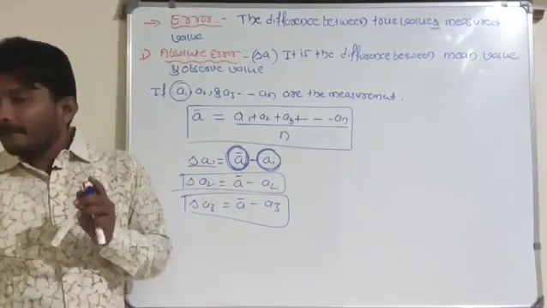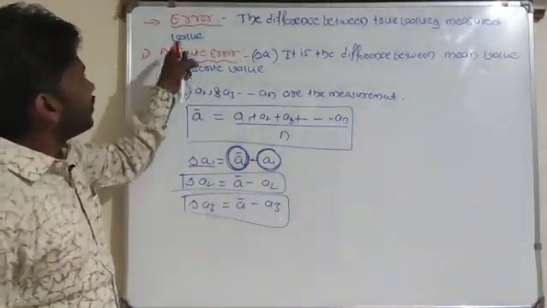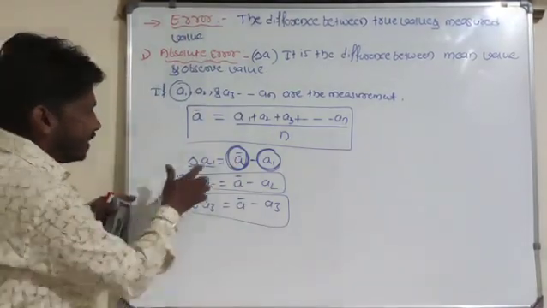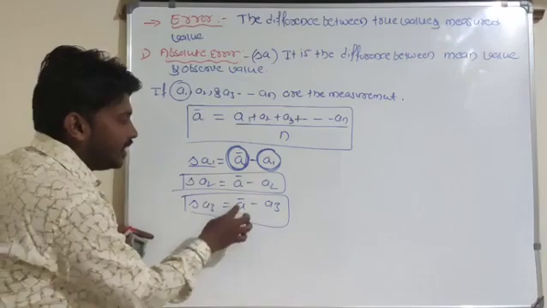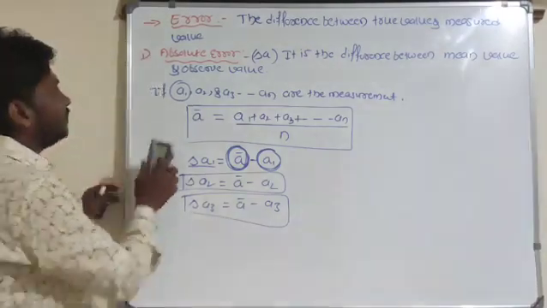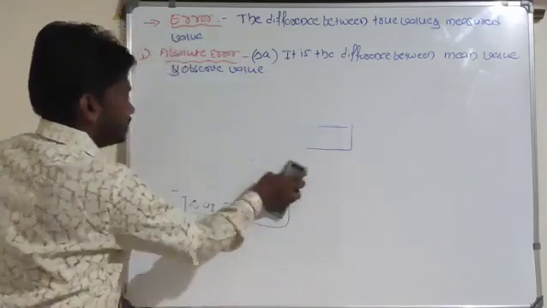Now I can take the mean absolute error. Mean absolute error means the average of the absolute errors: delta A1, delta A2, delta A3 and so on, delta of AN is equal to A bar minus AN here. Now I have to consider what we mean by mean absolute error.